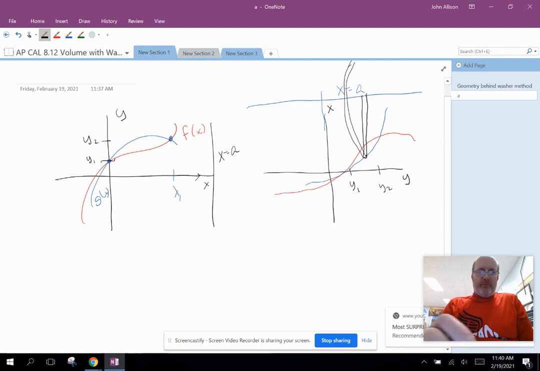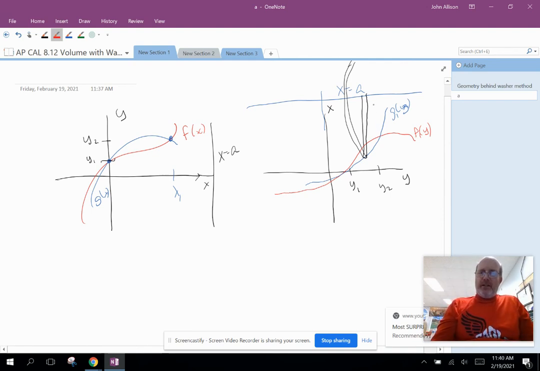So here, the blue one was my g of x. I guess you could say it's g of y now. This is going to be f of y now. Let's go ahead and call them g1 and f1 because they're really not the same functions defined by the same rules, since we solved them for y.